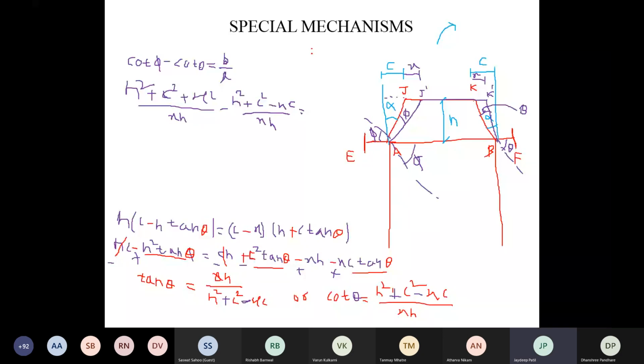Okay. Now, what will you get here? Which terms get cancelled here? h square and c square, h square and c square, and you will get minus minus plus, means 2xc. यहाँ पे क्या आएगा 2xc divided by xh is equal to b by l.